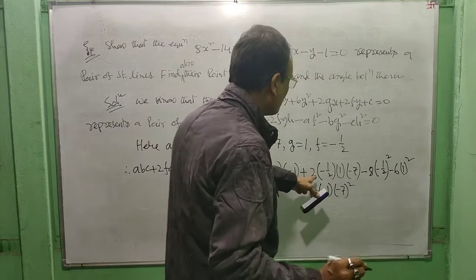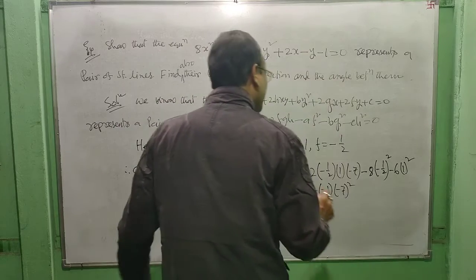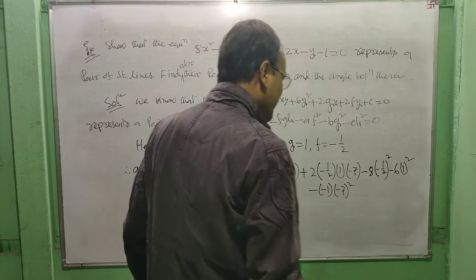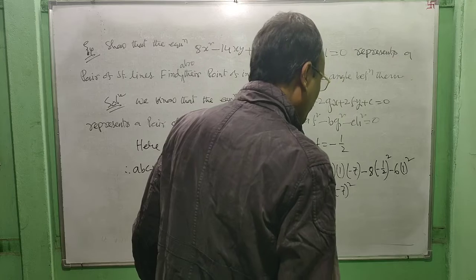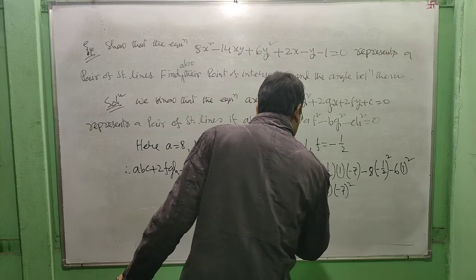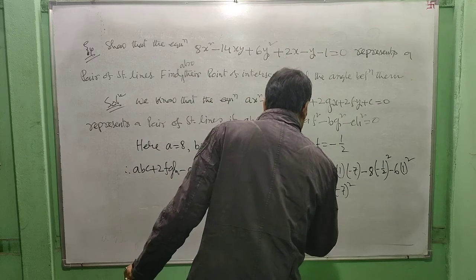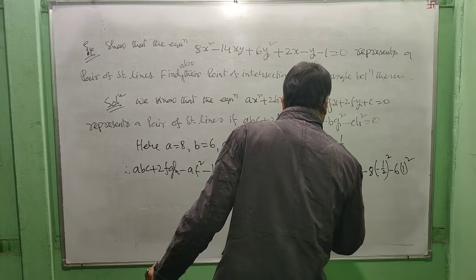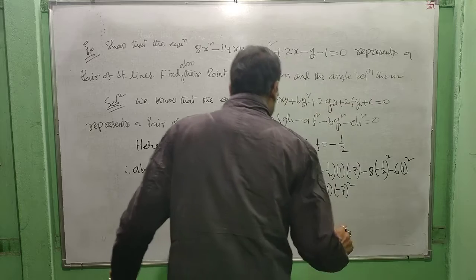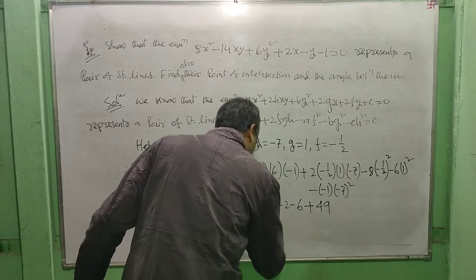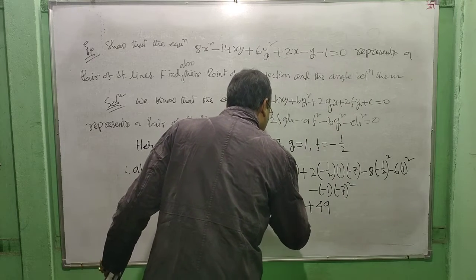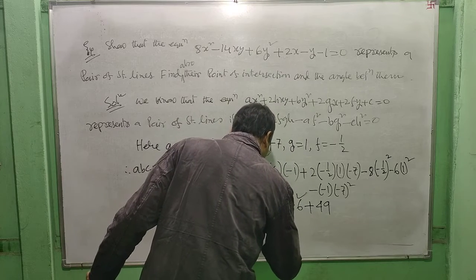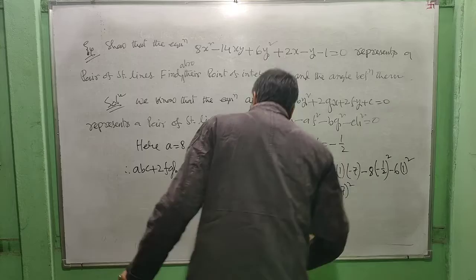Minus 48, it will be plus 7. It will be minus 2. Next minus 6. Next plus 49. This is equal to minus 48 minus 2 minus 6 minus 56 plus 56 equal to 0.